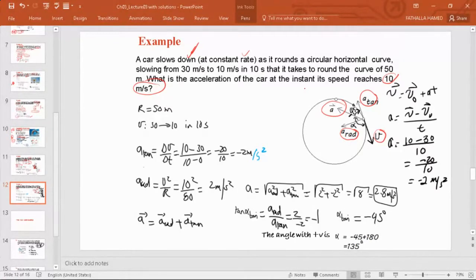Now, you want to get your tangential acceleration. You know that V is equal to V0 plus AT.